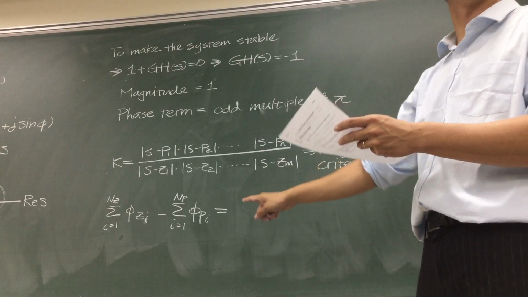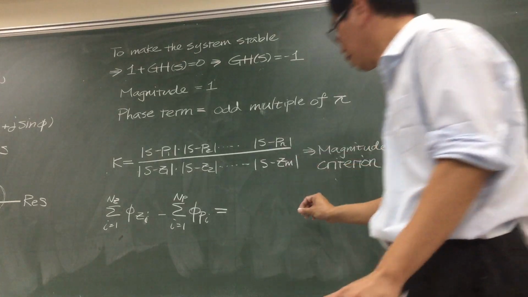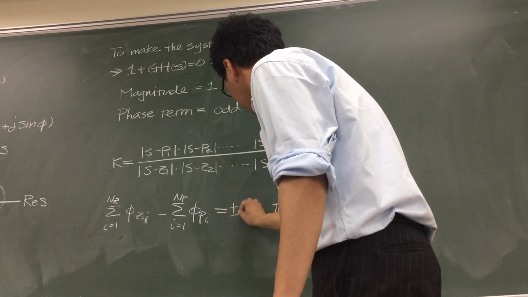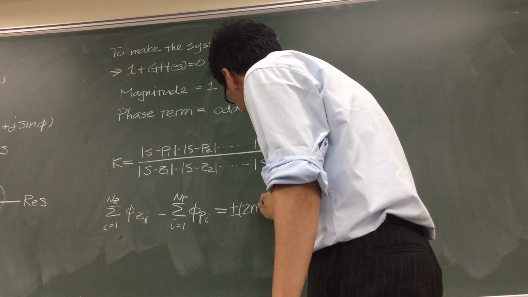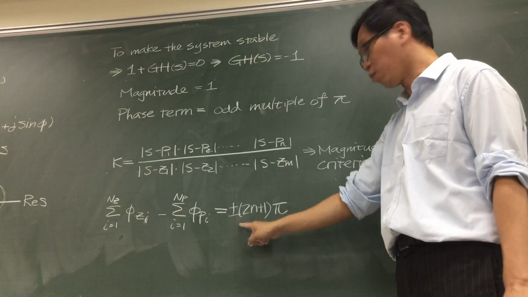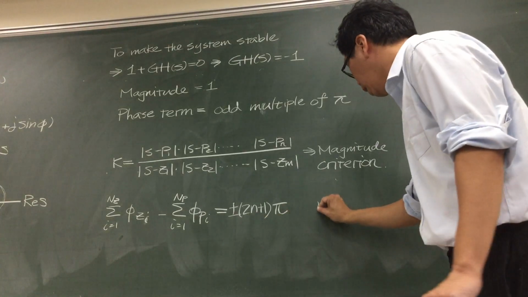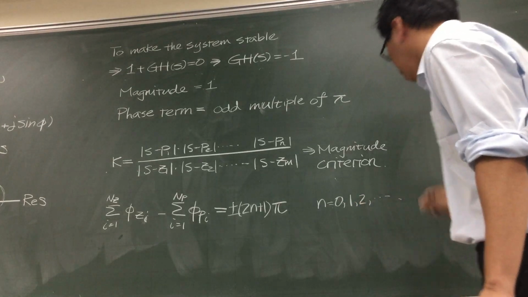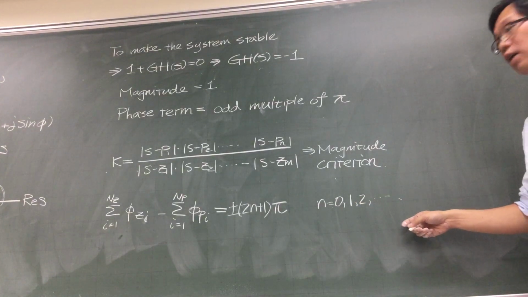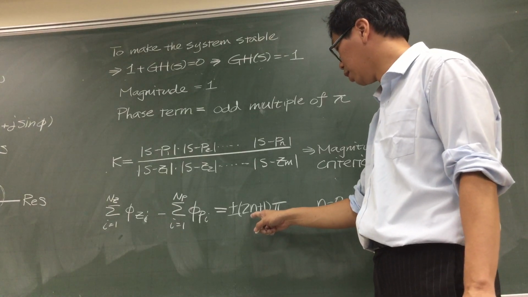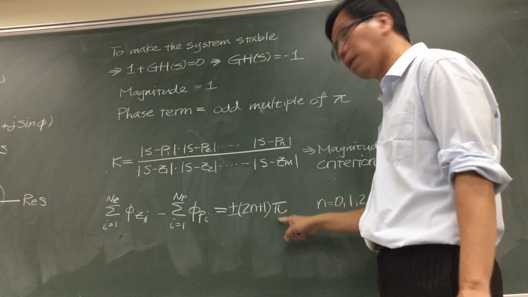From now on, you need to get used to a specific term. I know it's going to be pi, but we're not going to use that one. We're going to use plus minus 2n plus 1, because this one is always an odd number. N is going to be 0, 1, 2, 3. Right? So this guarantees everything is going to be an odd multiple of pi.